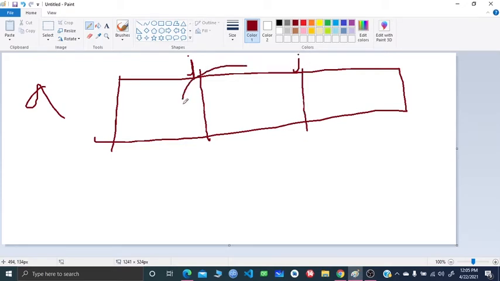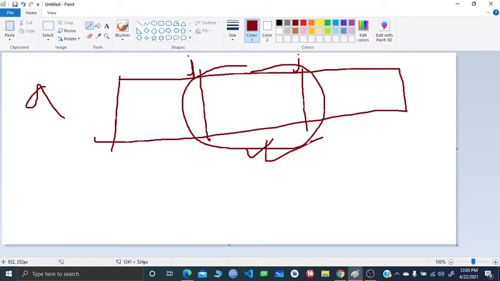I want to find that out somehow. How is this going to help us? To find this subarray's XOR value, I don't need to run a loop of n square and try to find this subarray to get the resulting XOR value. I don't need to do that.